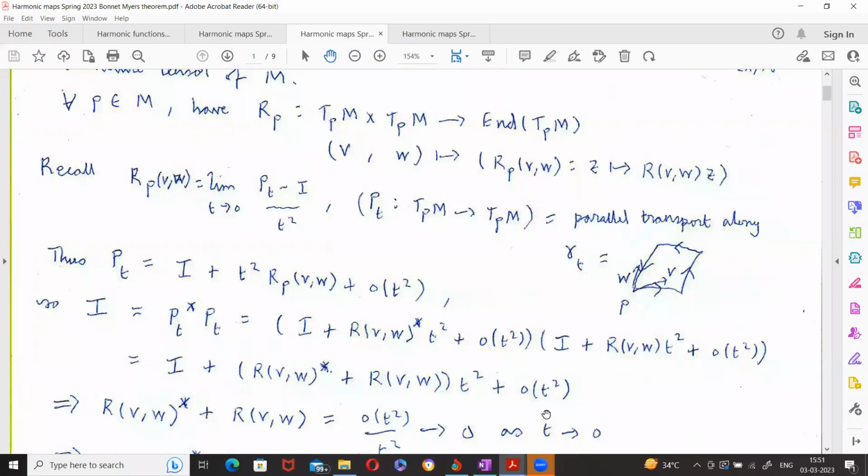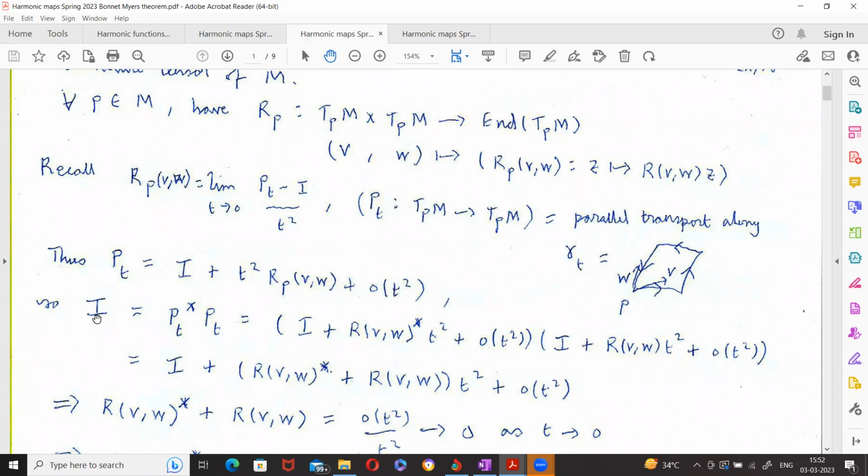That's related to the fact that the Lie algebra of the orthogonal group is the skew symmetric matrices. So an infinitesimal isometry is identity plus a skew symmetric matrix. Anyway, let me just do the computation for you. We have that P_t is equal to identity plus t squared R(V,W) plus little o of t squared. So let me rewrite this.